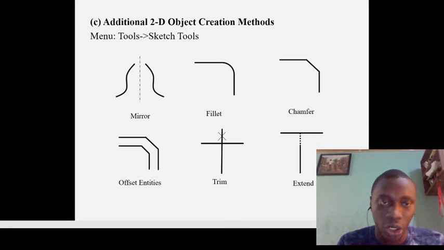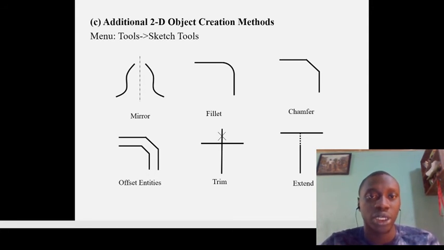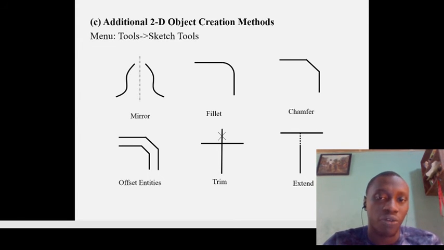Under sketch, we also have some additional sketch tools. We have mirror. We can mirror a sketch, we can fillet a sketch, we can chamfer a sketch. And we should know that fillet and chamfer are different. One is curved, the other one is flat.